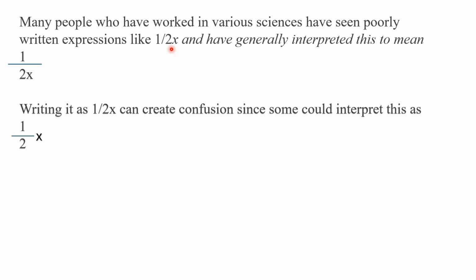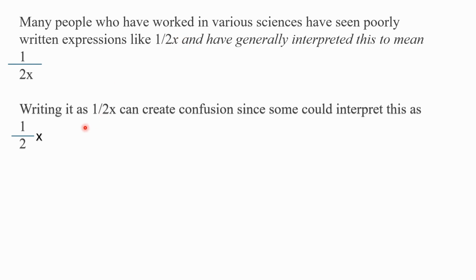And this has generally been interpreted to mean 1 divided by 2x, with the 2x in the denominator. Now, it's possible, as you're looking at that, how do you interpret that? I could see someone interpreting this as 1 divided by 2 times x, where the x would be in the numerator.